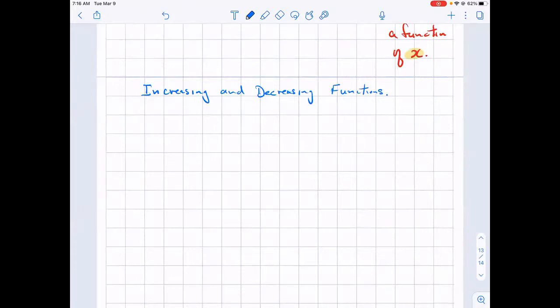We can tell if a function is increasing and decreasing by looking at the graph.